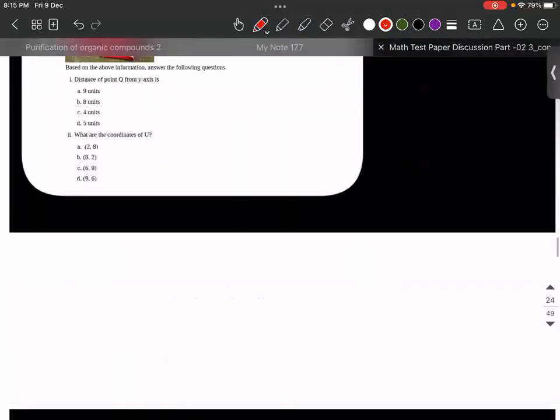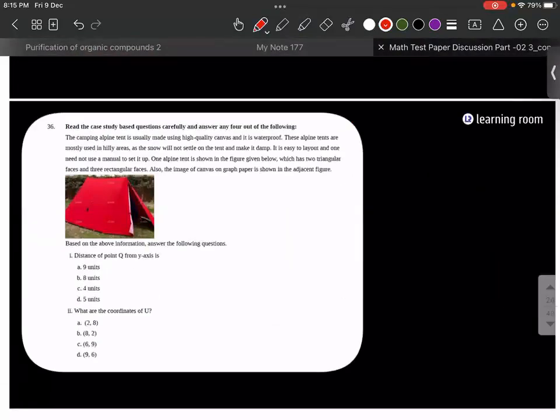Next. See, this one, there was a diagram shared yesterday. Did you all see that? So have the diagram and tell me what is the answer. So the first one is 9 units. One minute, I'm opening. So the answer is there in the diagram itself.